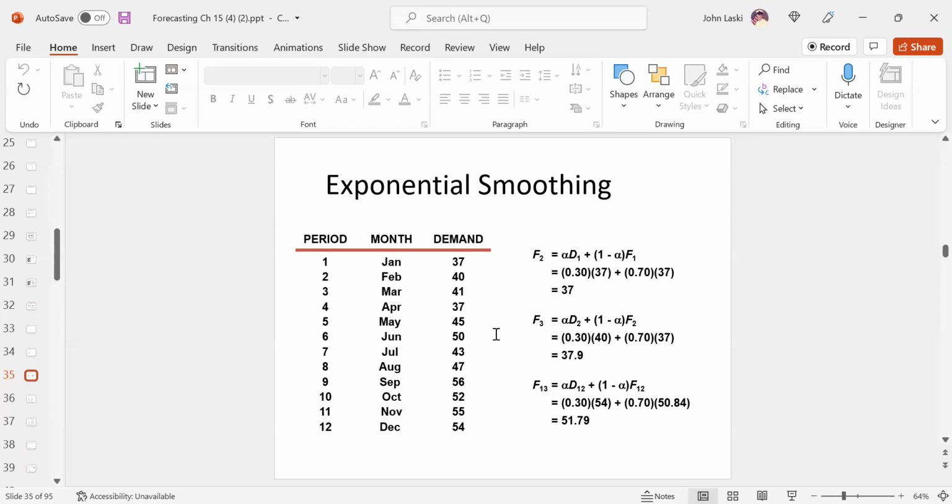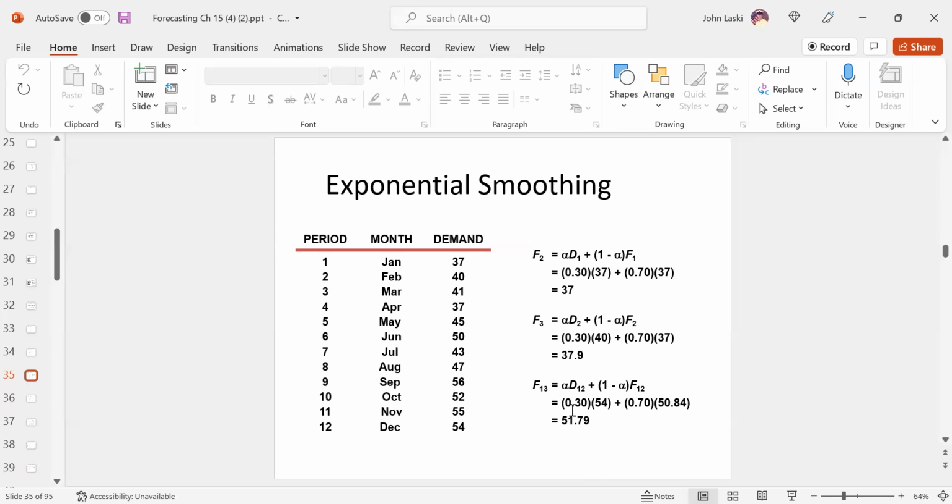The demand and forecast numbers close, but no cigar. Okay, so now we have to forecast period 4, and you would just index everything down. So your tasking is to do forecast for period 4, period 5, period 6, period 7, etc., until you get down to the bottom, which is the forecast for period 13.